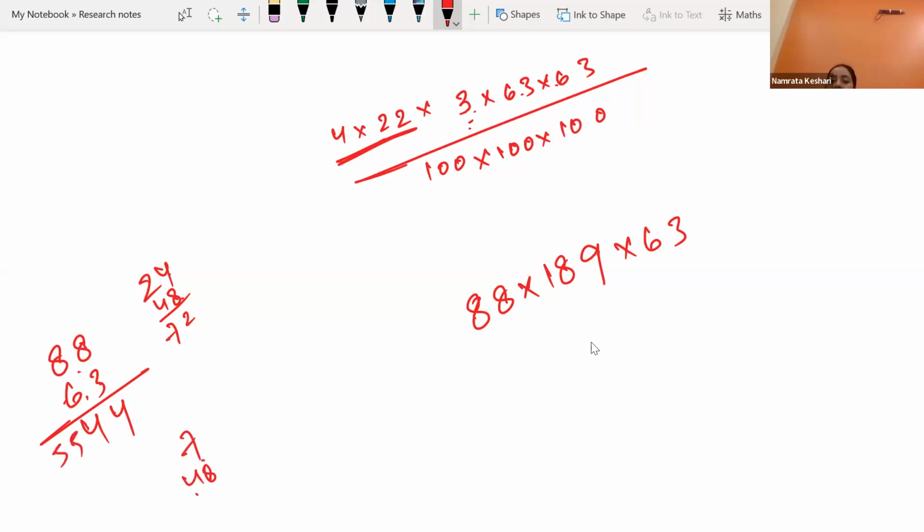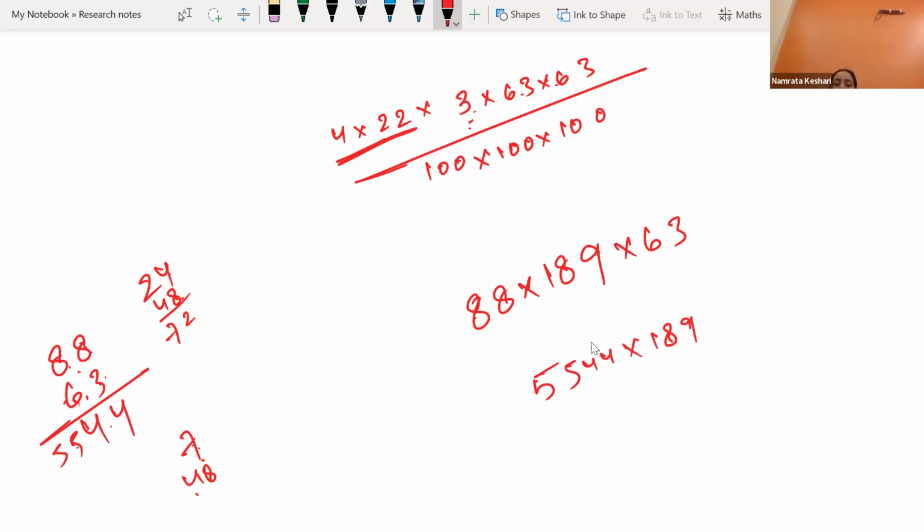Please do it your way and do the multiplication between all this. So 5544 and then 189.